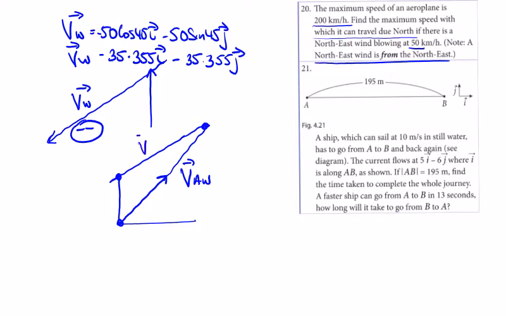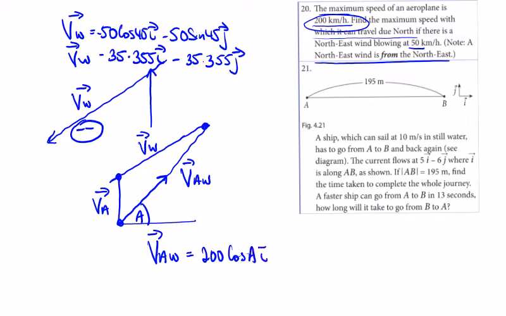We have the velocity of the wind. We have the velocity of the airplane traveling due north. So let's call this the angle A.